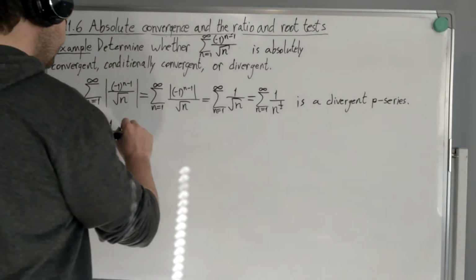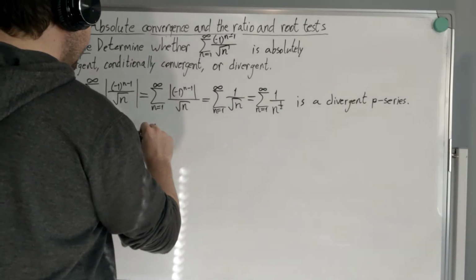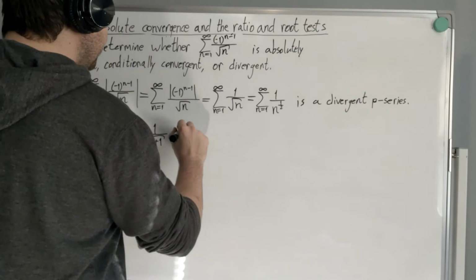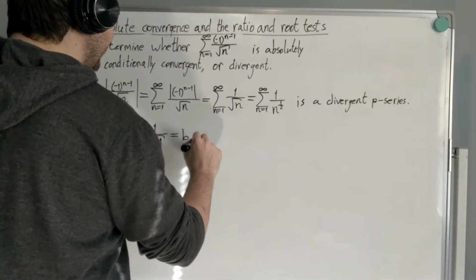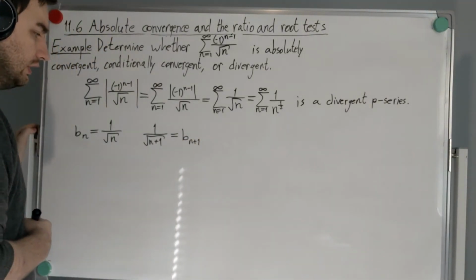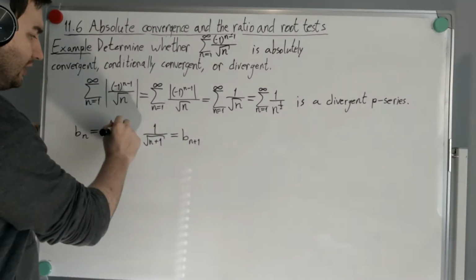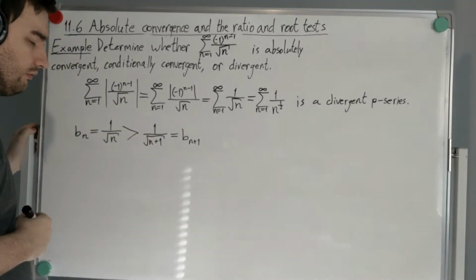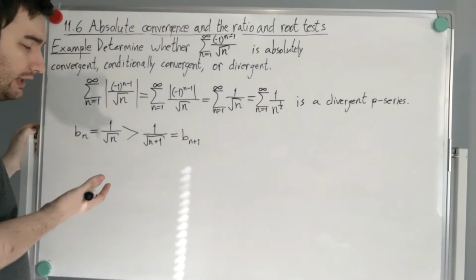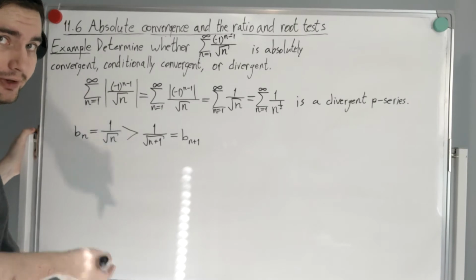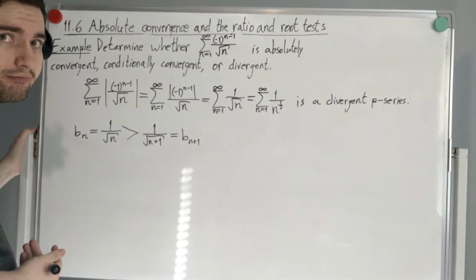So, if you were to take 1 over root n plus 1, well, that would be what you call Bn plus 1, right? This has a larger denominator, which means that it's smaller. This shows that the sequence of absolute values is eventually decreasing. In fact, it's strictly decreasing.